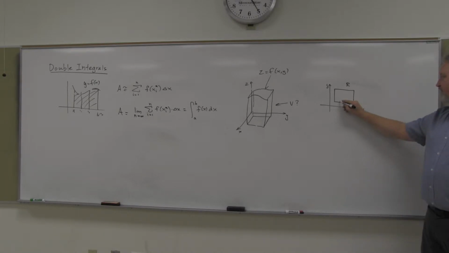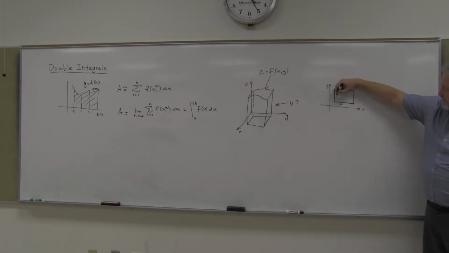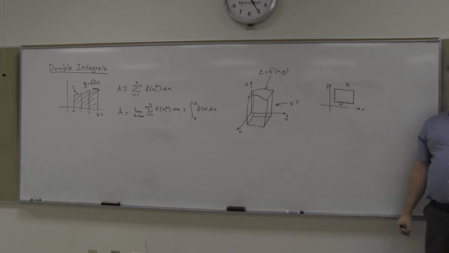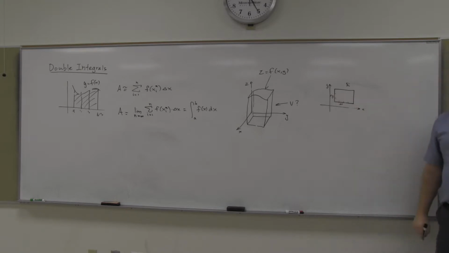Let's do 4 increments for the x, so I've got a change in the x, that'll be my delta x, and then I can divvy up the y's into 3, let's say, so I've got a change in the x and a change in the y, okay?